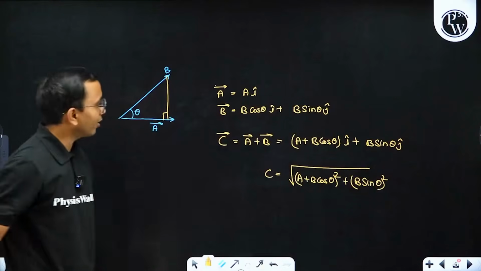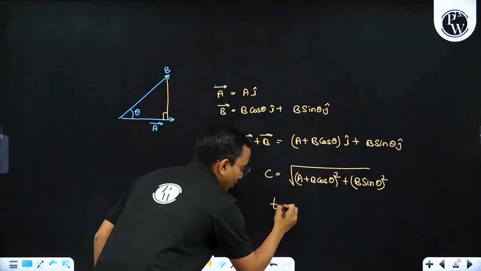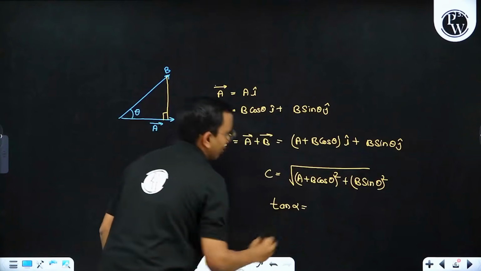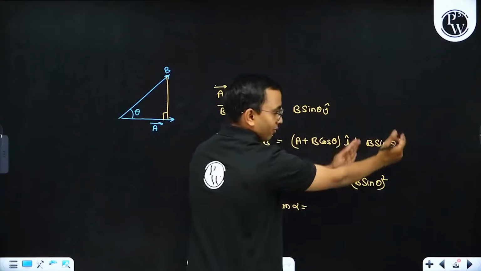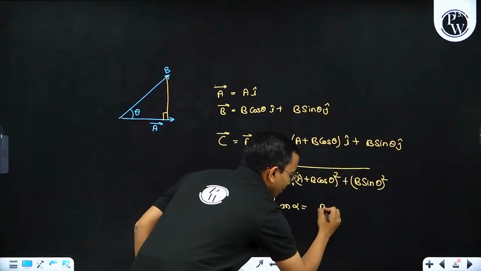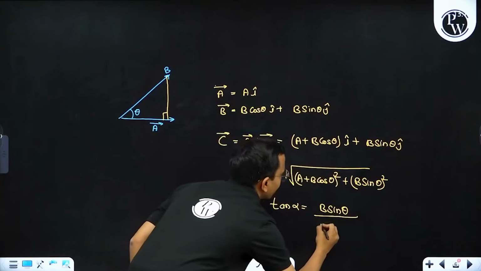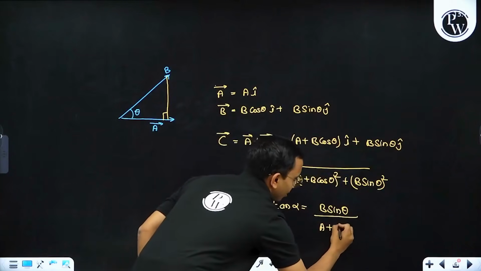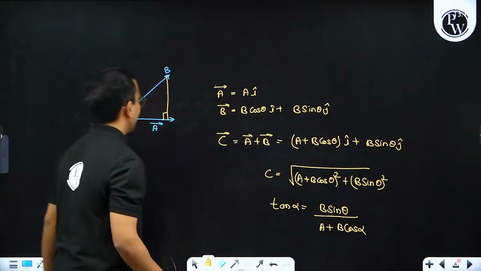Like this. And if you have to find the angle, the angle of the resultant C, tan alpha will be the y component divided by the x component. This is how we write tan alpha for the resultant of the two.